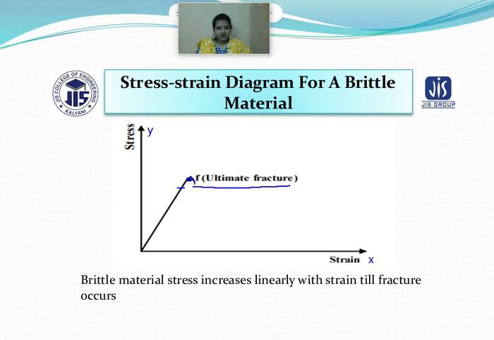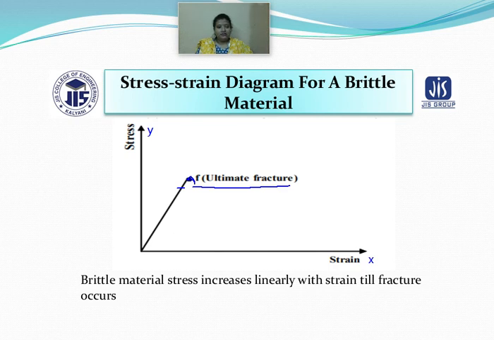For brittle material, you need to know that there is no upper yield point, there is basically no yield point itself. So if there is no yield point, then there is no case of generating the upper yield point and lower yield point. Upper yield point is where you obtain the maximum yield stress, and lower yield point is where you get the minimum value of the yield stress. So these two things are not associated with brittle material; they are only applicable to ductile material.